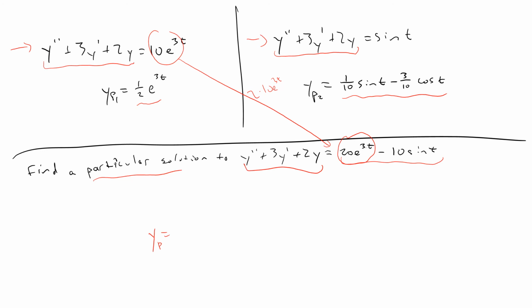This other function, I have a minus 10 sin t. Up here I have sin t. If I take my original function on the right-hand side and multiply it by negative 10 times sin t, I get this piece here.